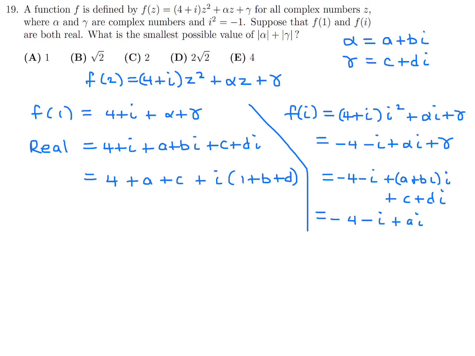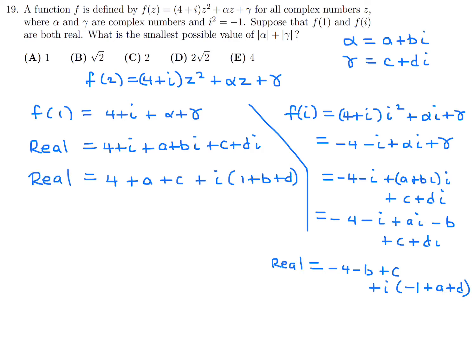So ai, and that's going to be minus b, plus c plus di. Collecting like terms, we get minus 4 minus b, plus c, and then factoring out the i, we get i times (minus 1 plus a plus d). All right, there we go. And this is also real.